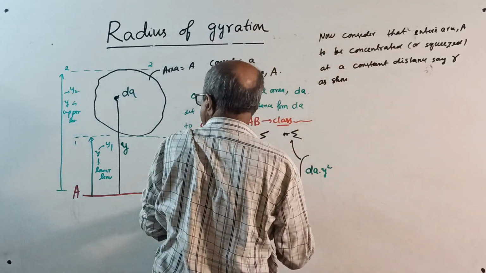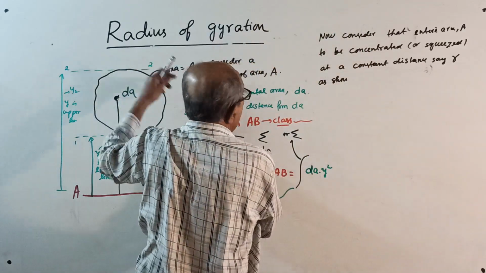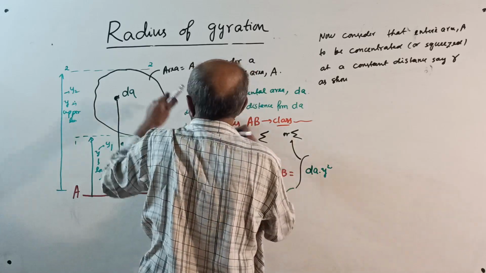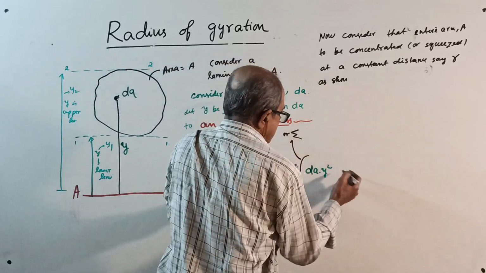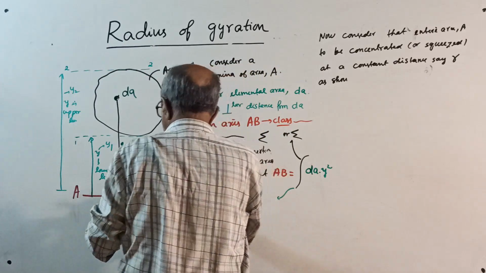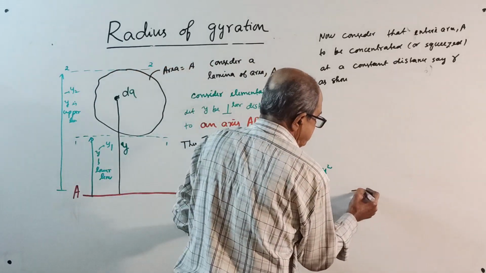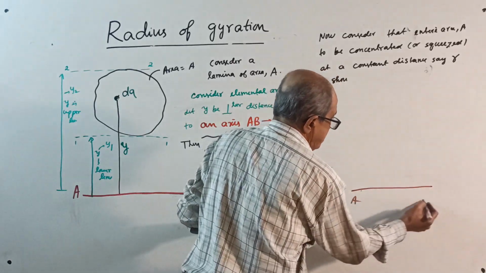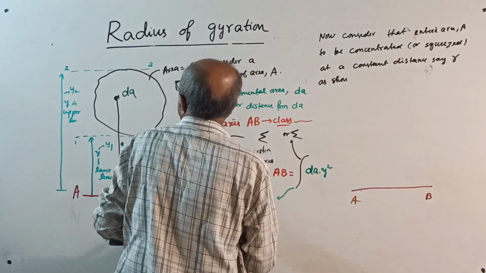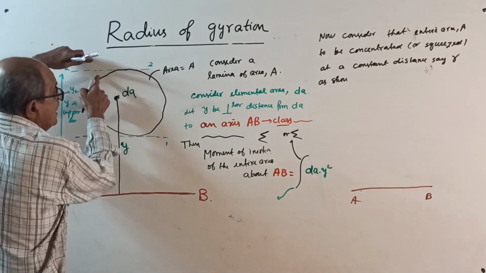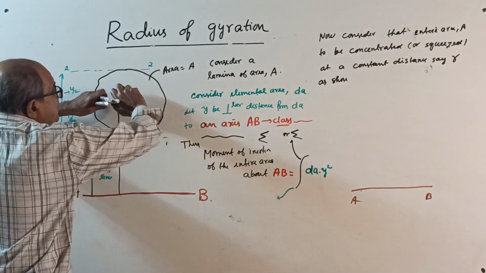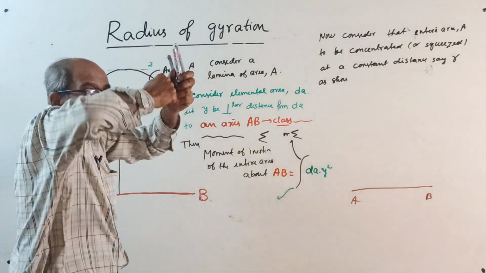Once again I show the area here, projected with the axis AB. Your levels 1, 1 and 2, 2 are here. This one you squeeze. This is fully squeezed.